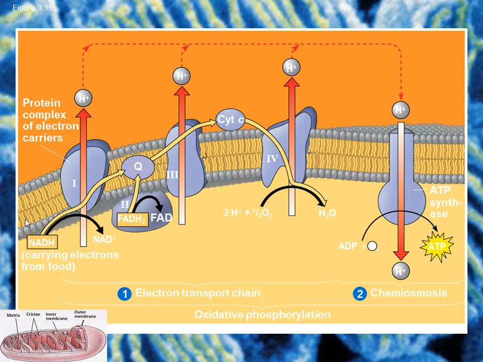And inside that mitochondria is NADH coming along, and it's carrying the electrons from the food. And what it does is it dumps its electron and hydrogen over to a protein complex, which is usually labeled 1, 2, 3, 4, and then there are some cytochromes involved here as well. These proteins are called the electron transport chain.